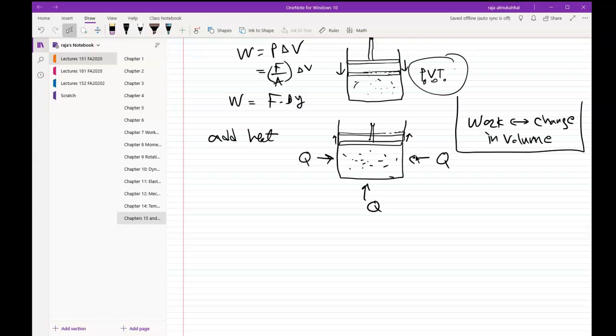It's very important. We'll come back to it later on when we start working on some thermodynamic processes. So what happened is that I have added heat to the system, Q. You know, I put it on the stove. As a result of that, the gas expands, right? Gas expands.